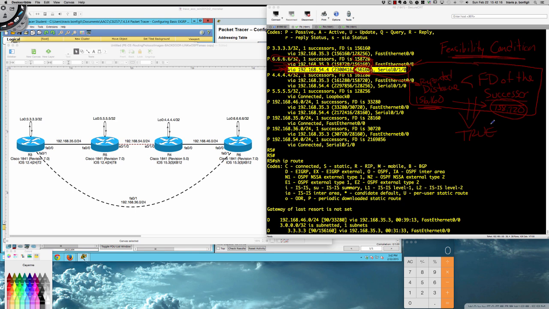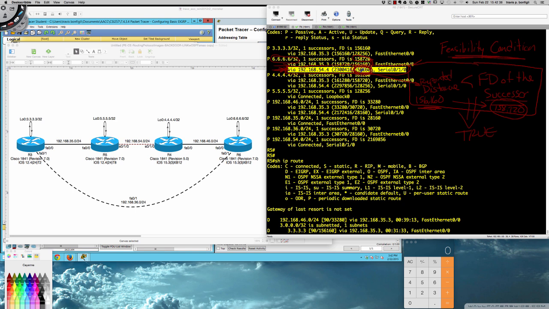And that is how EIGRP guarantees a loop-free topology and how it takes advantage of additional paths that it has. As long as they meet the feasibility condition, those routes get added into the topology table.